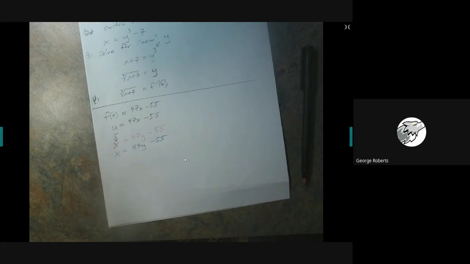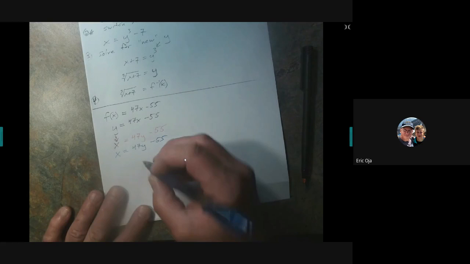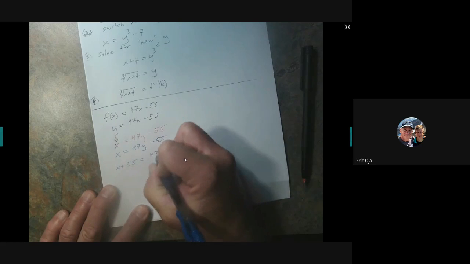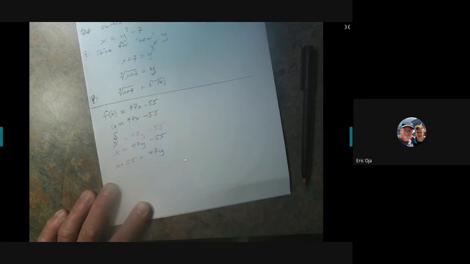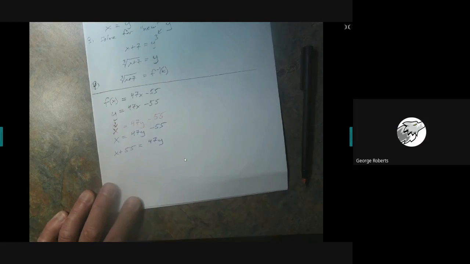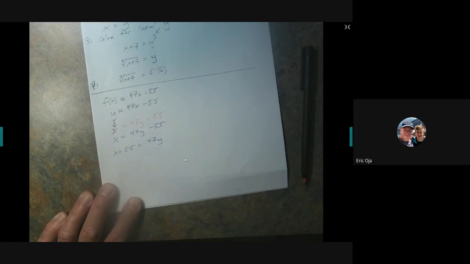Add 55. Good. So I get x plus 55 equals 47y. Then what? Then we divide. Yep, divide by 47.